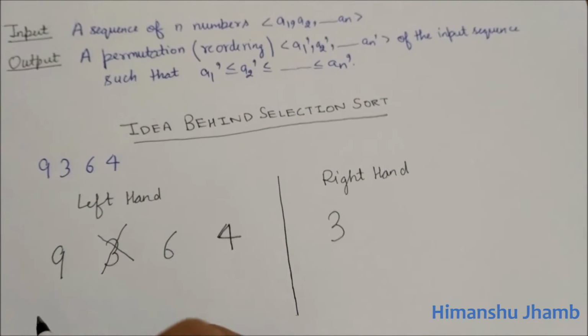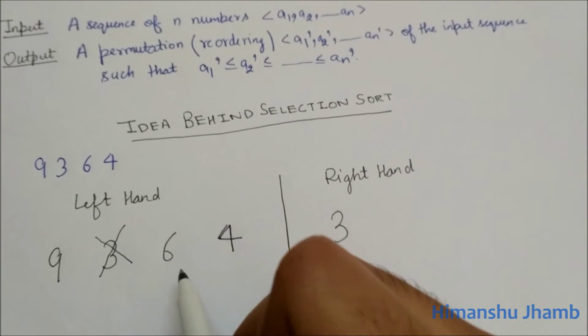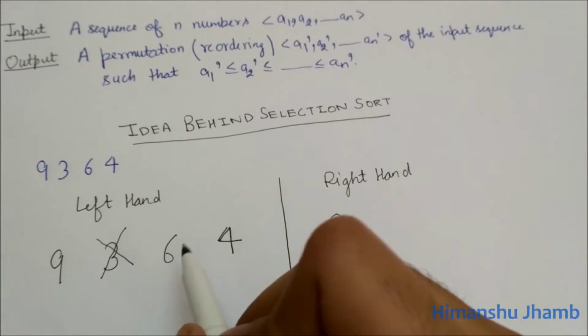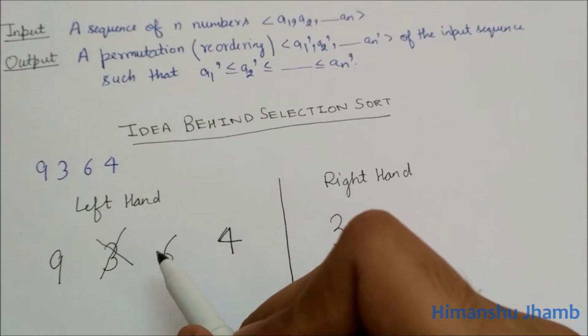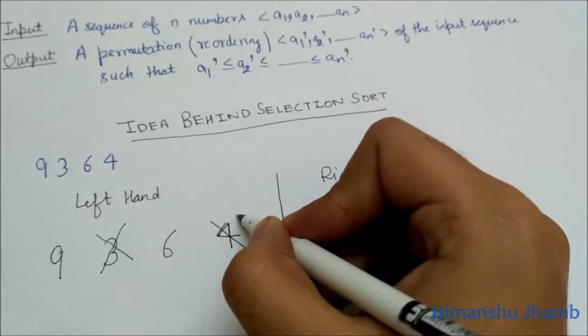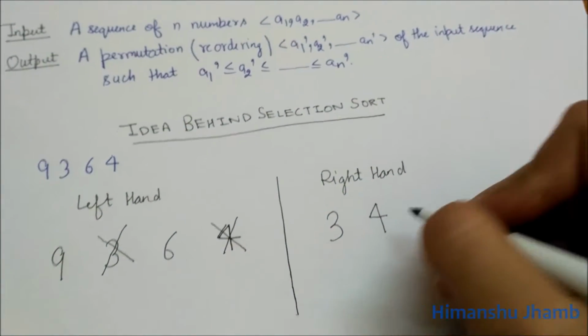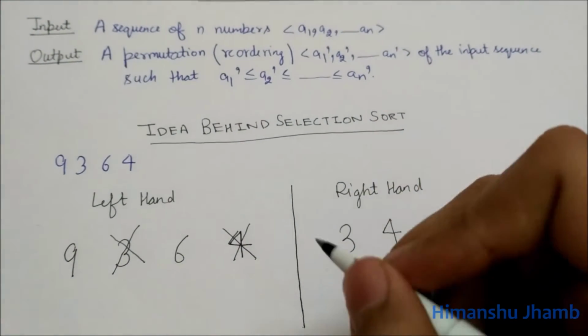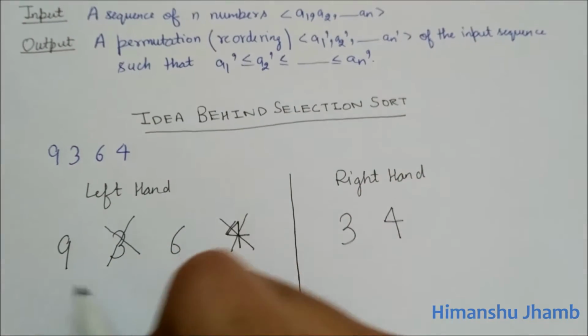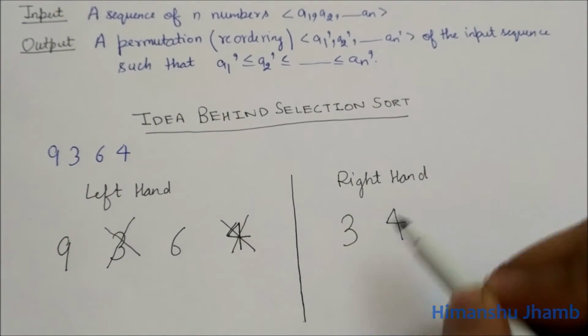Now we will pick the minimum element from the remaining cards in the left hand and put it in the right hand. What is the minimum card from these left cards? This is 4. So we would move 4 to the right hand next to the previous card. At any stage, the cards in the left hand are unsorted, but the cards in the right hand are sorted.